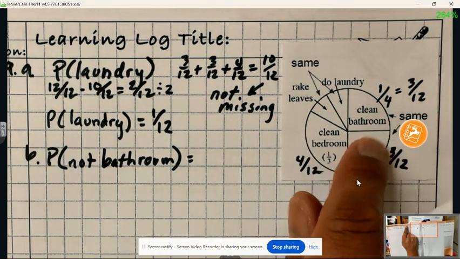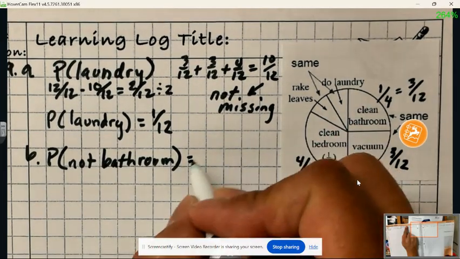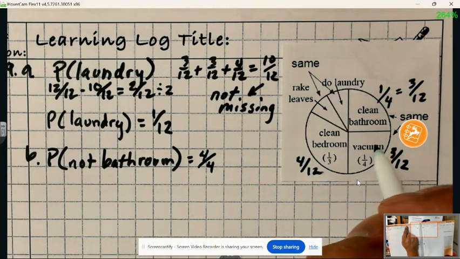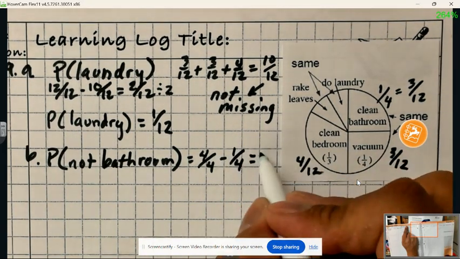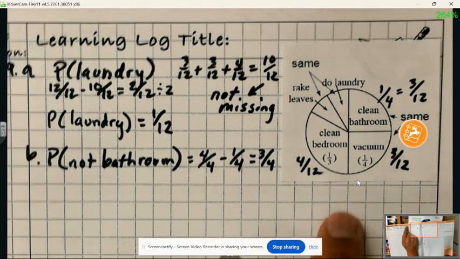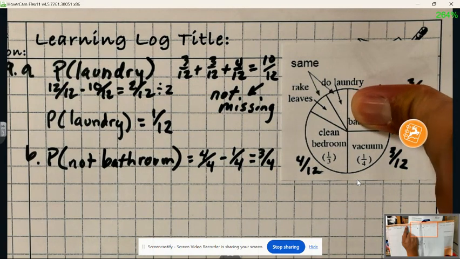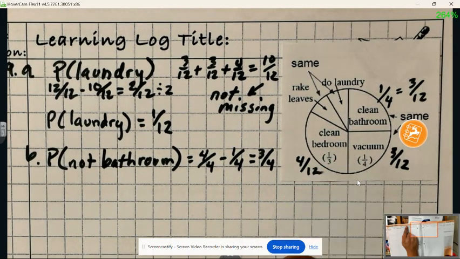So the probability of everything else must be that 1/4 taken away from the entire 4/4, which will give you 3/4 probability, right? So we just take this part away from the whole entire spinner, and that'll give us 3/4 right here. So 3/4 probability of not cleaning the bathroom.